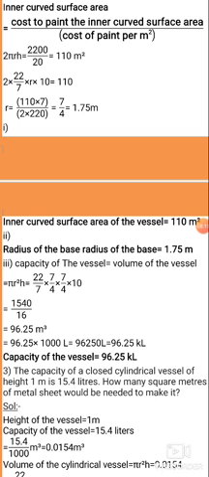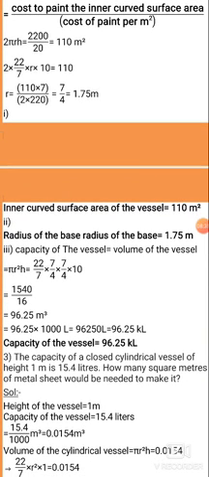Now listen carefully. If it is capacity in liters, to find out the volume, we need to change that unit into meter cube. So 15.4 by 1000 is equal to 0.0154 meter cube, the volume.